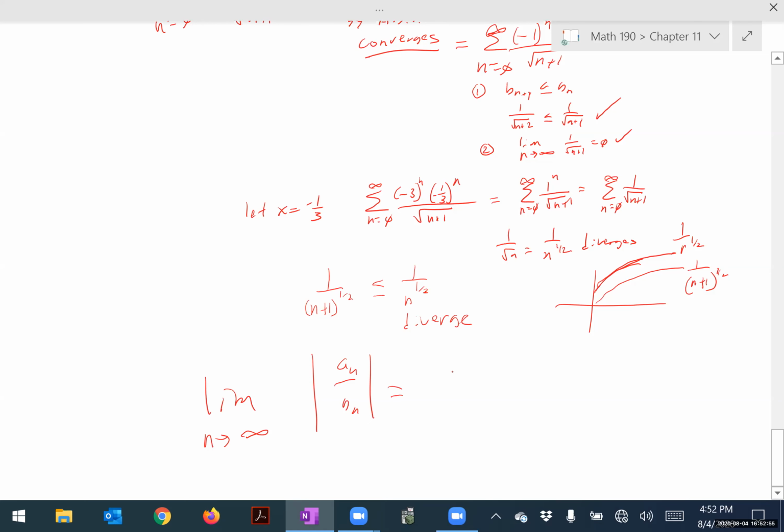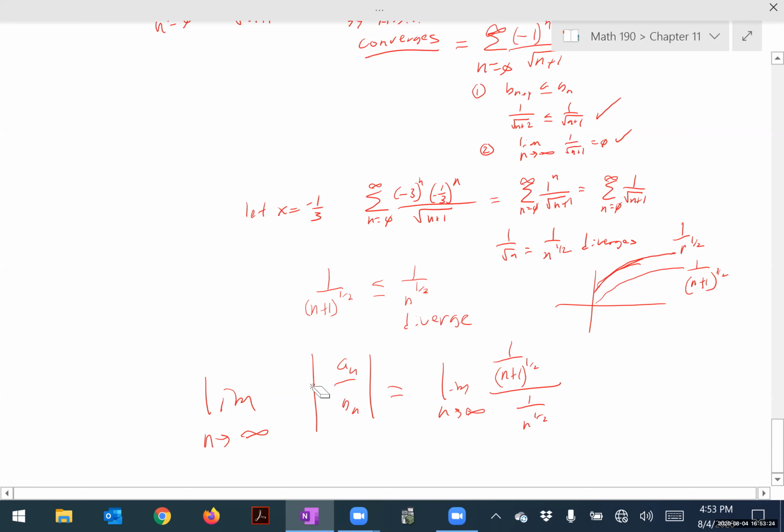So the limit as n goes to infinity of 1 over (n plus 1) to the 1/2, all over 1 over n to the 1/2.